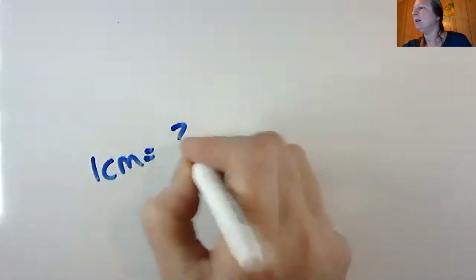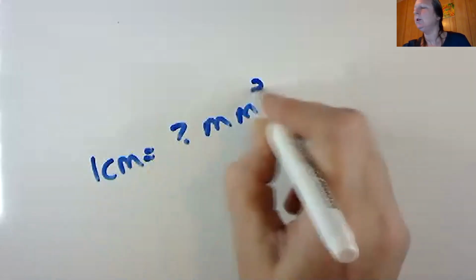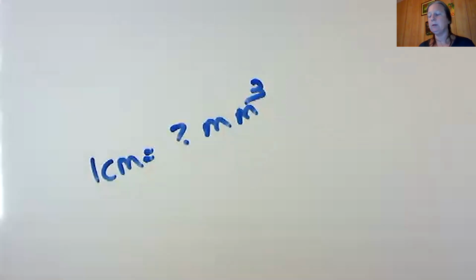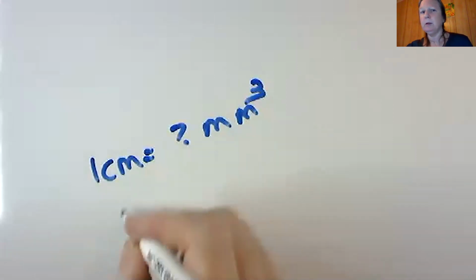So if I say 1 centimeter equals how many millimeters cubed, cubic millimeters, that's a volume measurement.